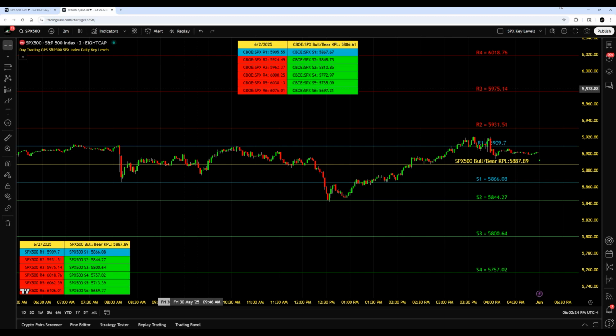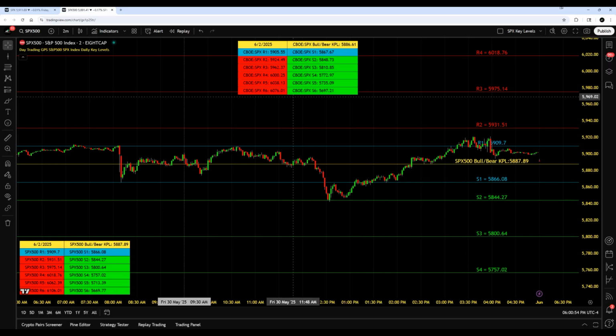Now at 9 a.m., when you have your indicator up on the SPX 500 8-cap, you'll see right at the 9 a.m. transition that the levels for the SPX 500 CFD 8-cap will be on the chart, as well as this table down here for the levels for the SPX 500 8-cap.